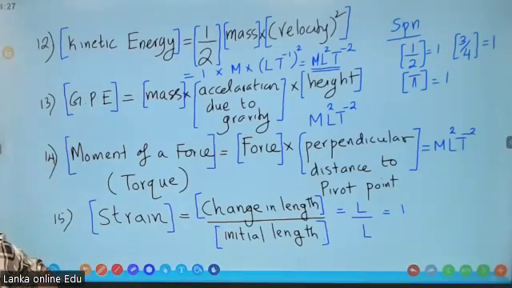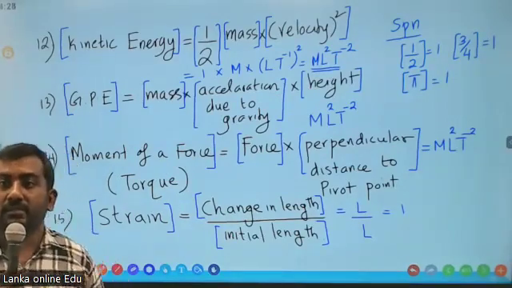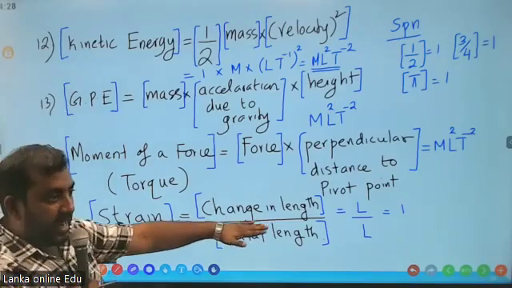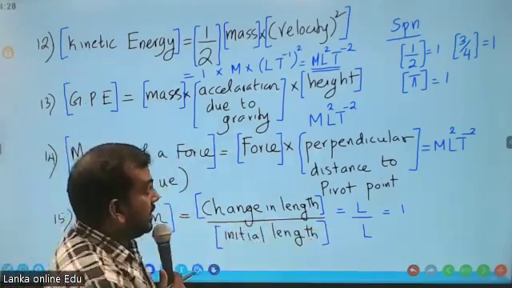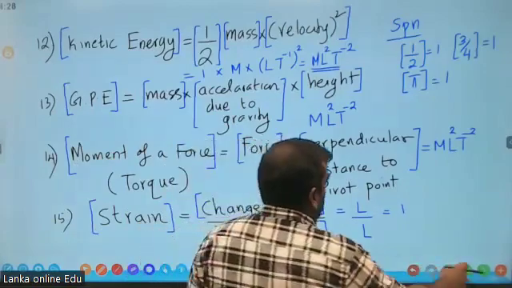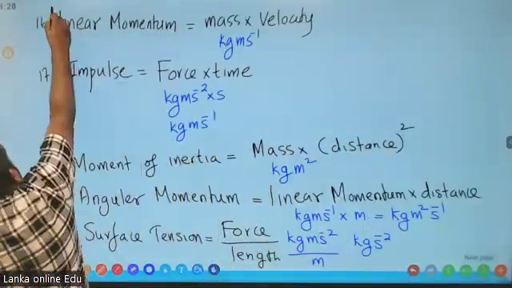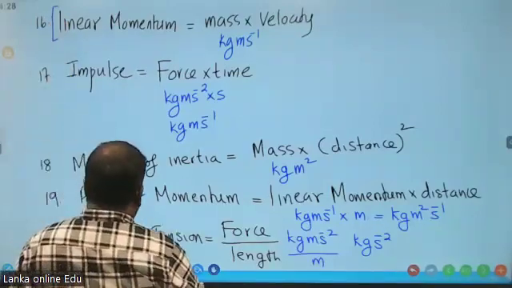See if you have got this. Anybody writing this? No one? Okay. So strain means what? Dimensionless. Yeah. Strain is dimensionless. Right. Linear momentum. Before that we'll erase the unit.